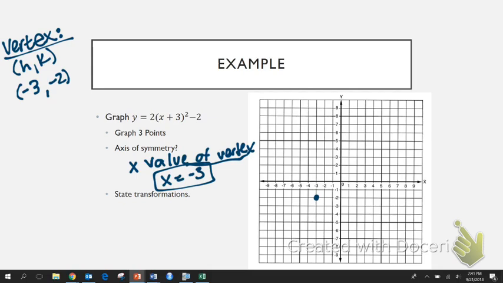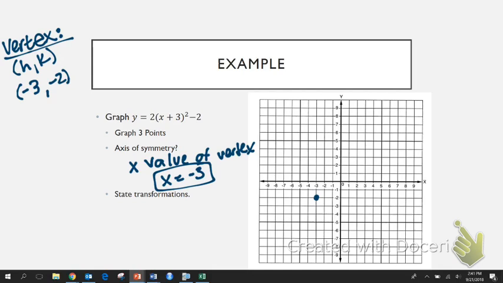But to finish graphing, I need 3 points. So I have 1 point, I have the vertex, but I need to pick an x value to the right of the vertex and an x value to the left of the vertex. And truthfully, we'll see in a second, I'll explain why we really only need to find 1.